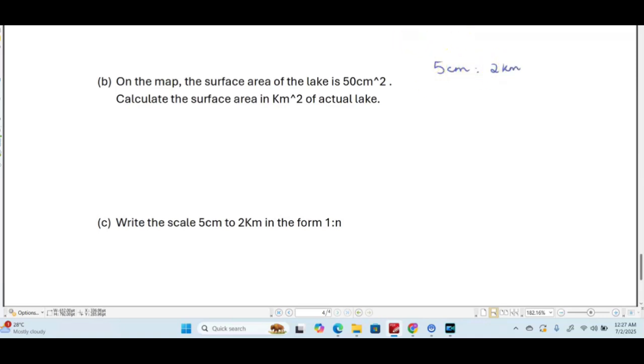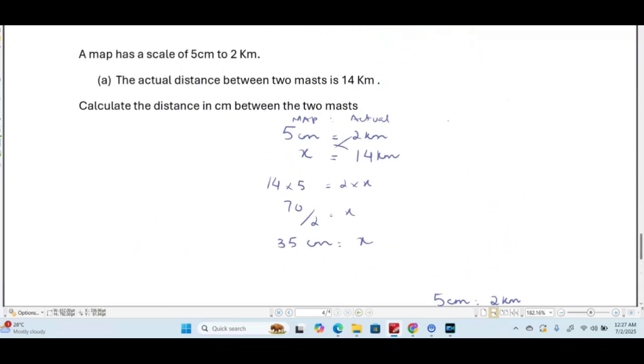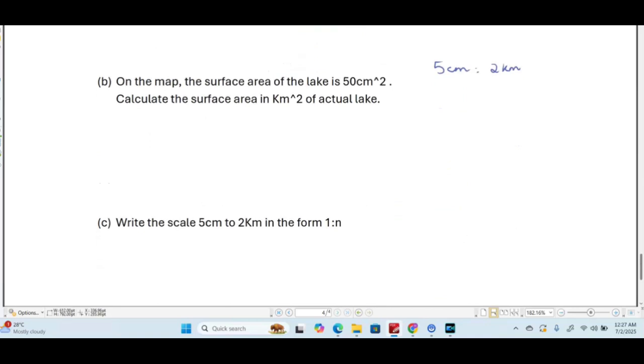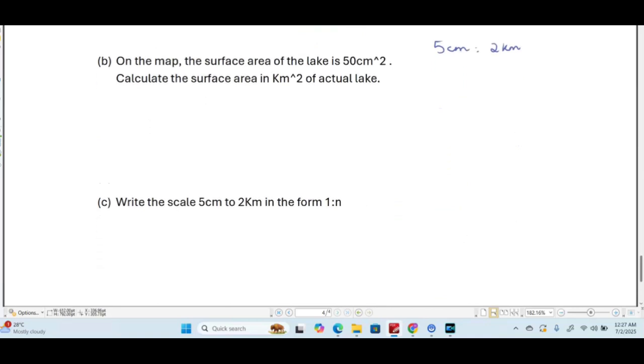We've just established that it was given to us in the question above. So 1 centimeter would be equal to 2 by 5. So 1 centimeter is equal to 0.5 kilometers in actuality.